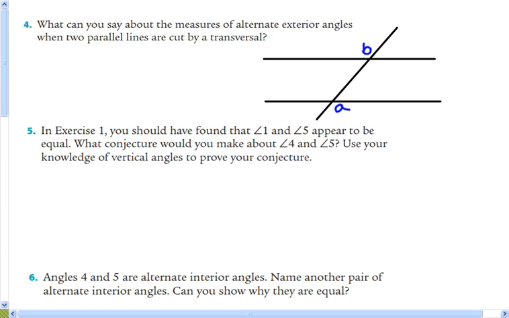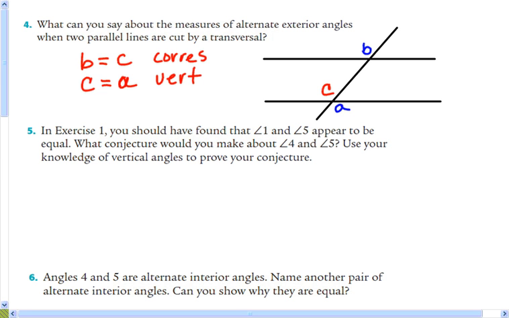So if I label this C, then we know B is equal to C. Angle B is equal to angle C because they're corresponding angles. And also we know C is equal to A because they're vertical angles.